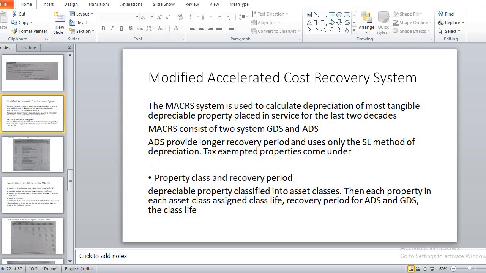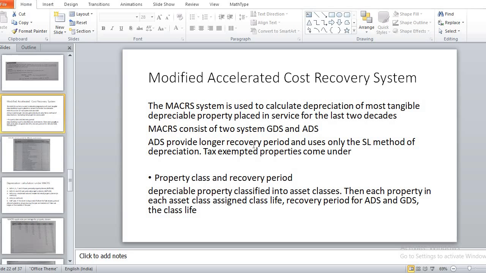Some properties having tax exemption are covered under this ADS system. So there are two approaches: the general depreciation system and the alternative depreciation system.